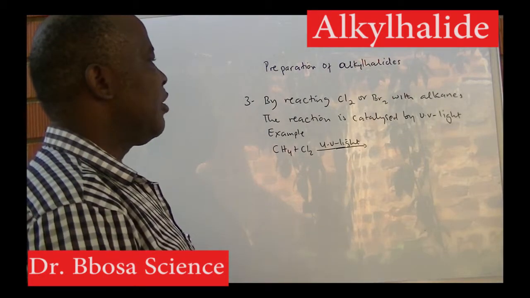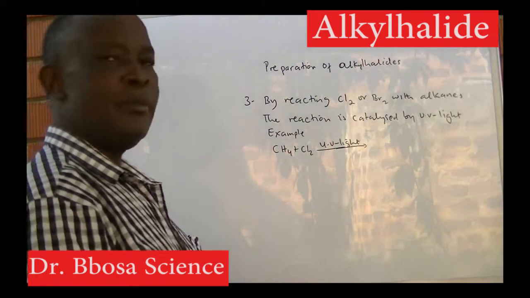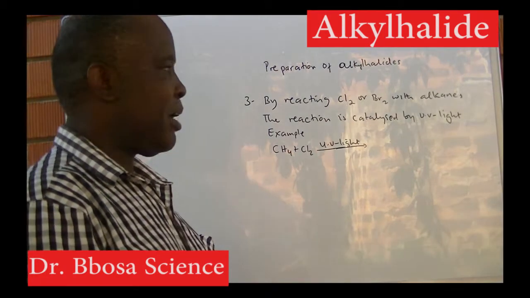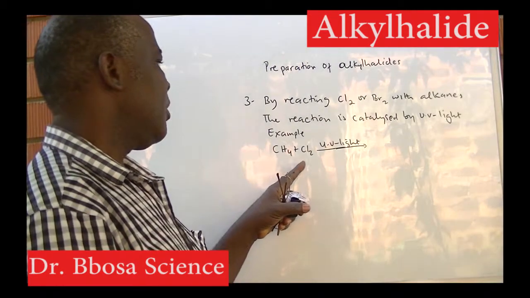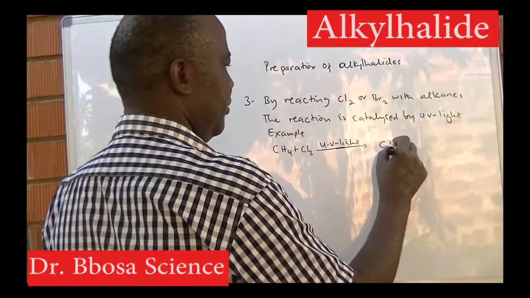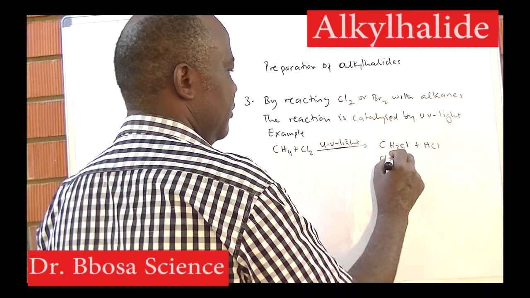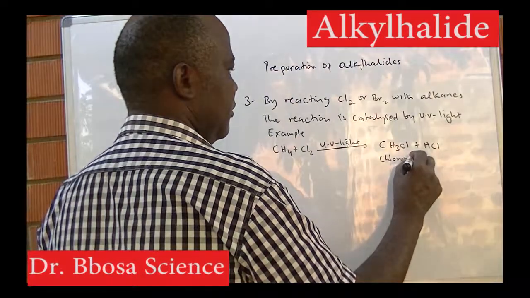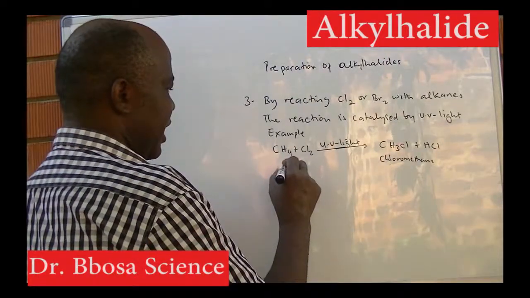3. By reacting chlorine or bromine with alkanes. The reaction is catalyzed by UV light. For example, methane plus chlorine will give you chloromethane. Then the mechanism.